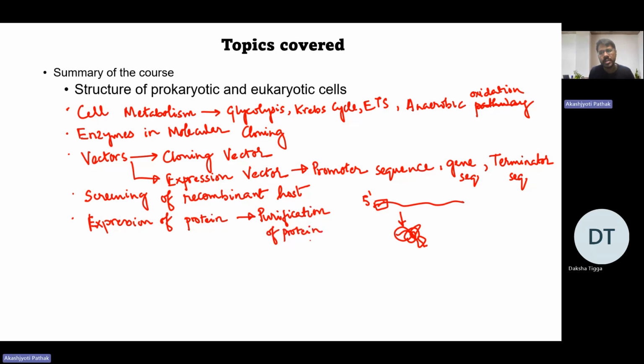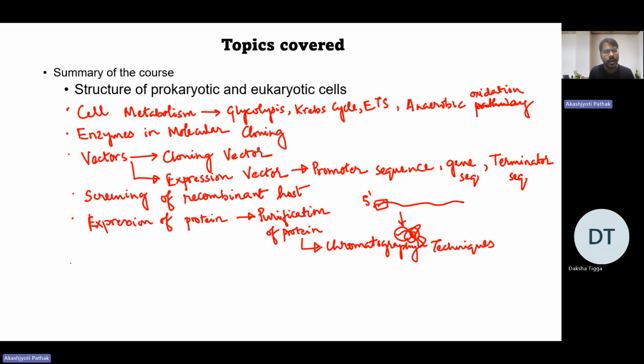After purification, what are the different techniques involved? Those are the chromatographic techniques. So what are the different chromatographic techniques that we learned? Ion exchange chromatography, affinity chromatography, and hydrophobic interaction chromatography.